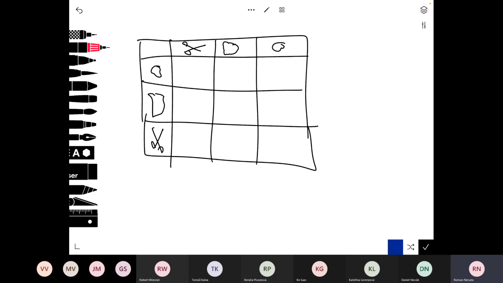So how does it look? Well, the rock and scissors, your rock is getting 1. Paper is getting -1. Rock and rock is 0, paper and paper is 0, and scissors is 0.